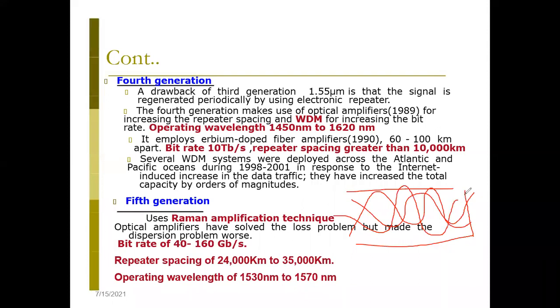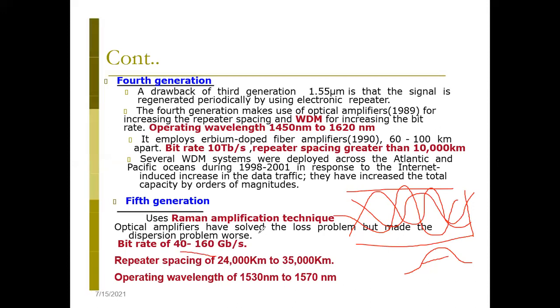So the pulse dispersion effect will be seen here, because all these waves are modes of the light. Here we are gathering the light again, and when I try to combine all these modes of light, the pulse gets dispersed. That's why the bit rate has decreased.